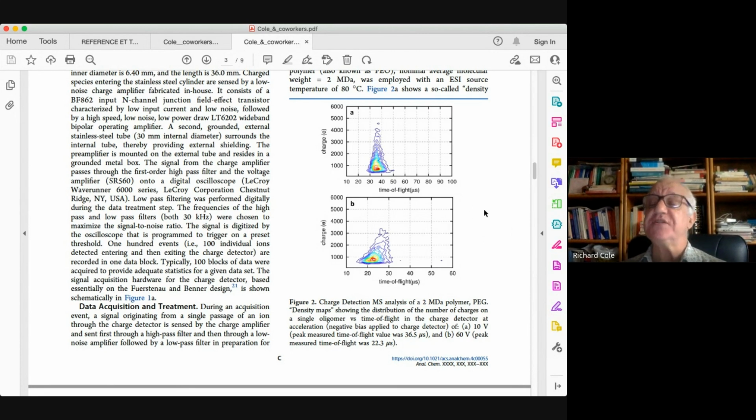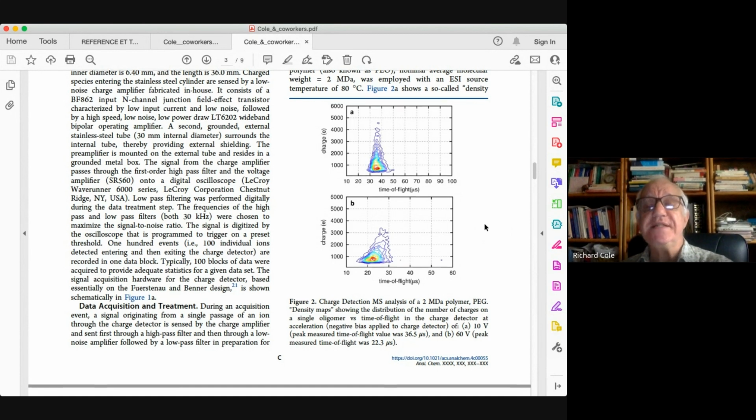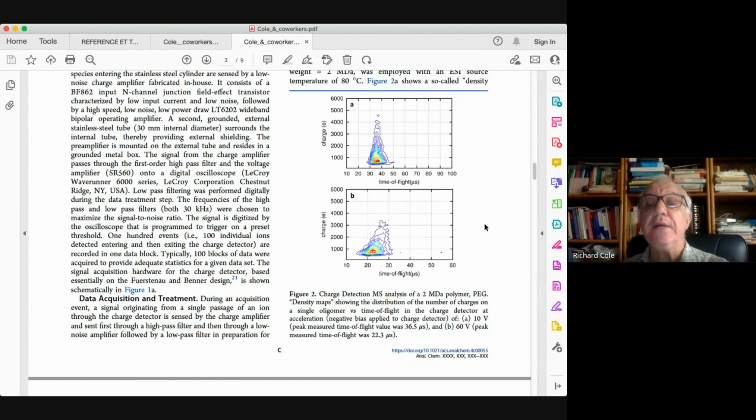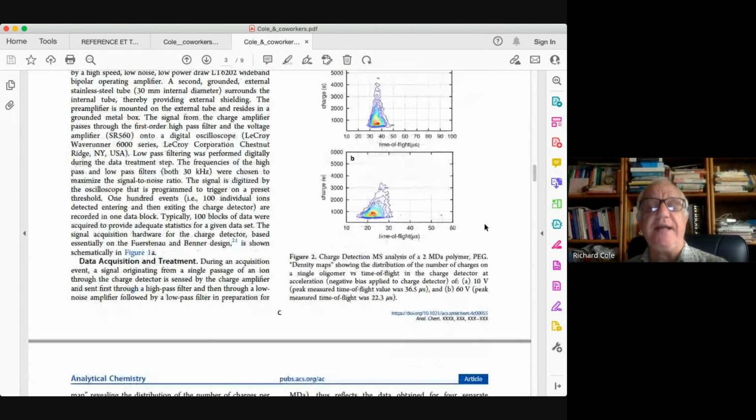That makes sense. We're accelerating these ions to a higher value, so of course they're going to move through the tube more quickly. So this gives you an idea of a type of presentation, a density map showing the distribution of different oligomers, each measured as individual particles as they pass through the charge detector.